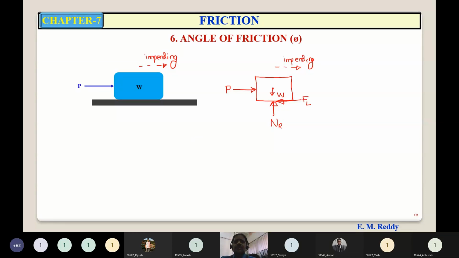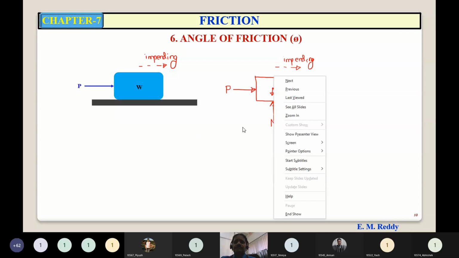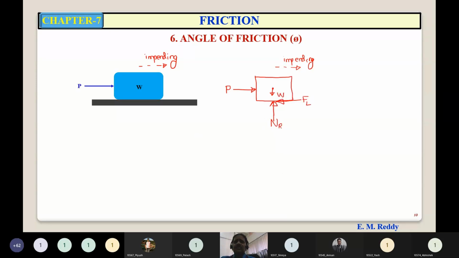Now, the resultant of this normal reaction and limiting friction is, say, R. The angle made by this resultant of normal reaction and limiting friction with respect to the normal or vertical is known as the angle of friction phi.